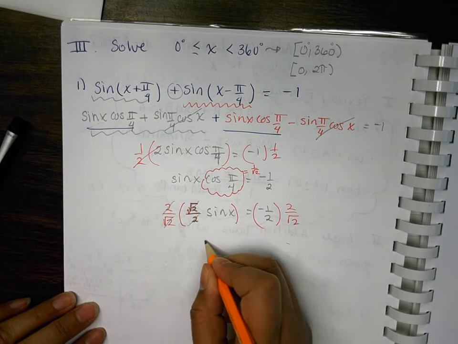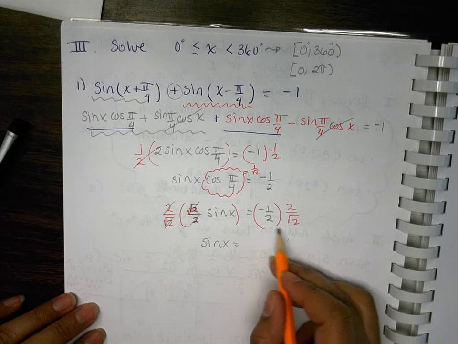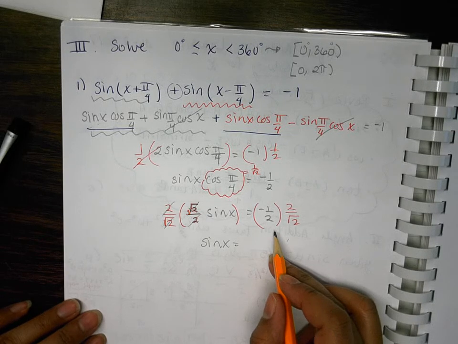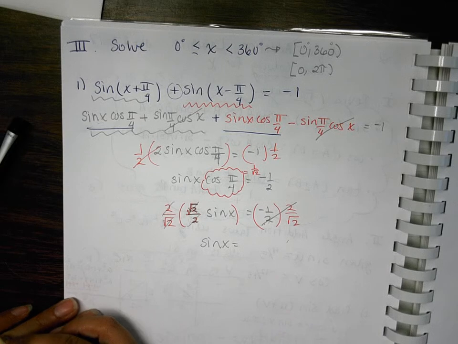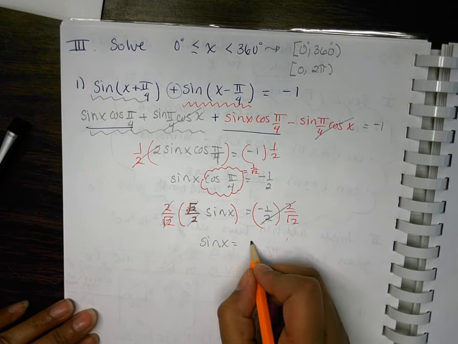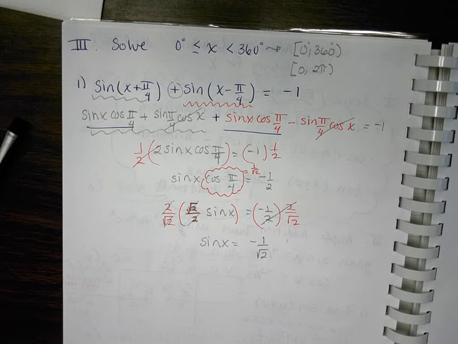Sine of x equals, can I reduce anything here? The 2's? What does that leave me with? Negative 1 over root 2. Whew. A lot of work, but a definite on the test.